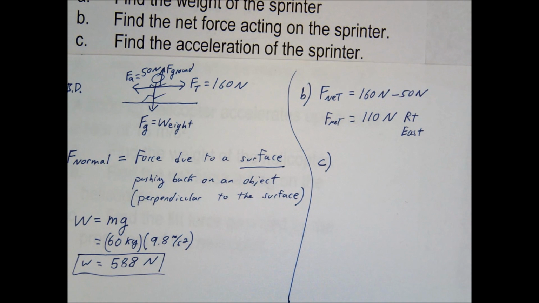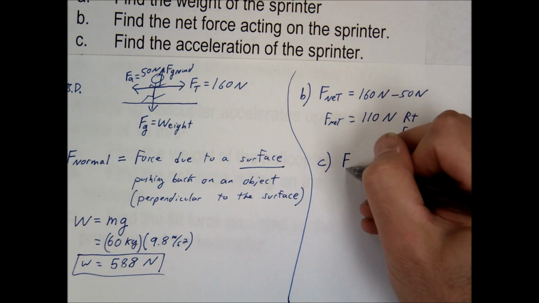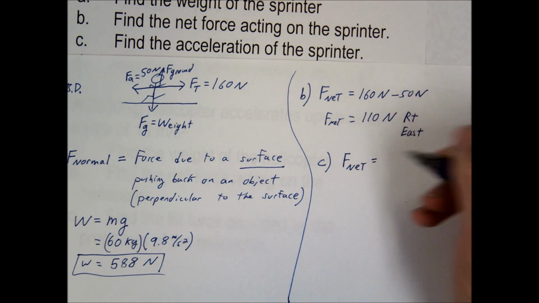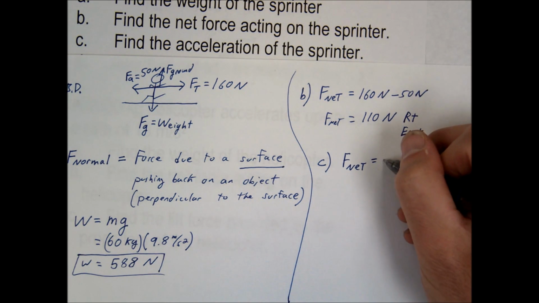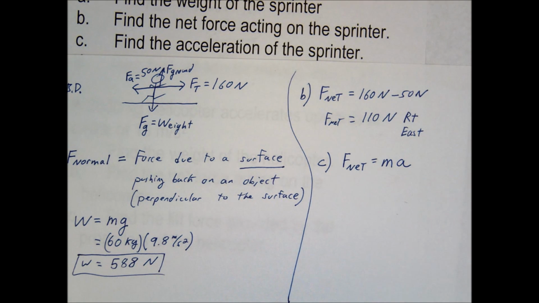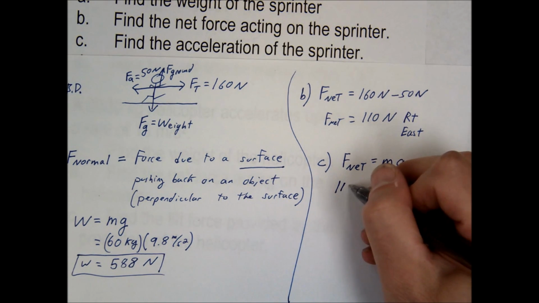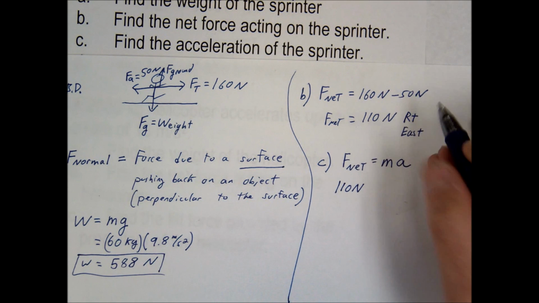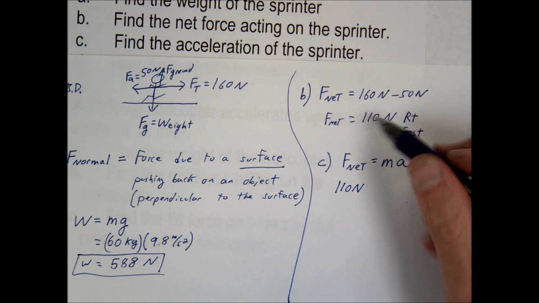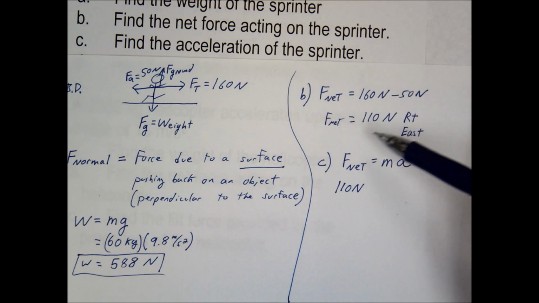We're going to use Newton's second law. This is the big equation of the unit, which basically says F net equals, what's it equal? Mass times acceleration. So notice we just found our net force, 110. Notice that we don't use the thrust force, we use the net force.